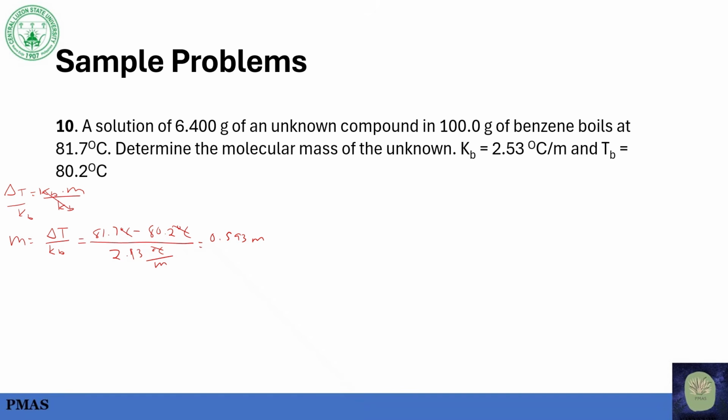But what is asked of us is to determine the molecular mass. So remember that the molality is equal to the moles over the kilogram of solvent. But this mole can be written as the mass divided by the molecular weight, multiplied by the kilogram of solvent.